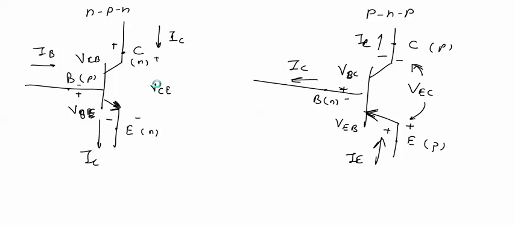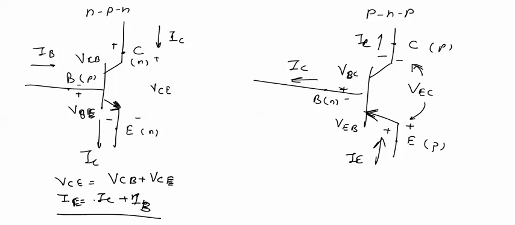These are three voltages of the transistor, and one thing will be true for this transistor, that VCE will be equal to VCB plus VBE, and also IE will be equal to IC plus IB. These two statements can be obtained by applying KCL and KVL. This statement can be obtained by applying KVL, and by applying KCL this statement is obtained.